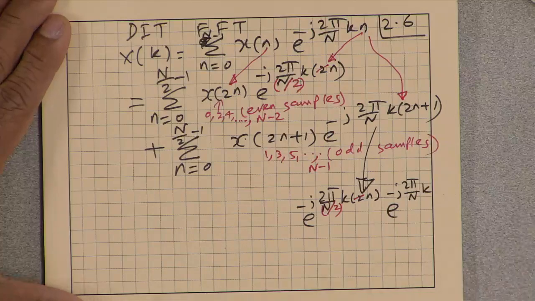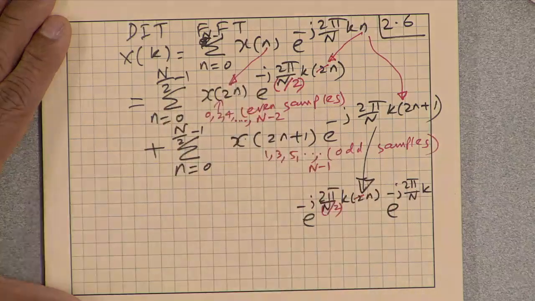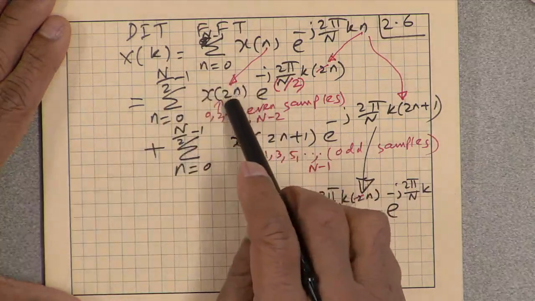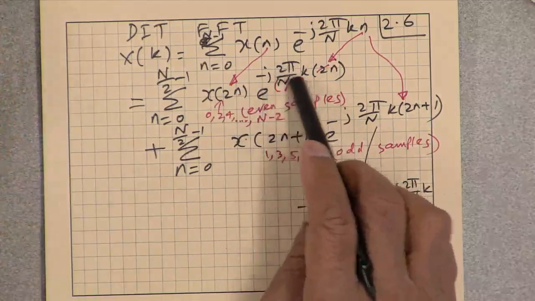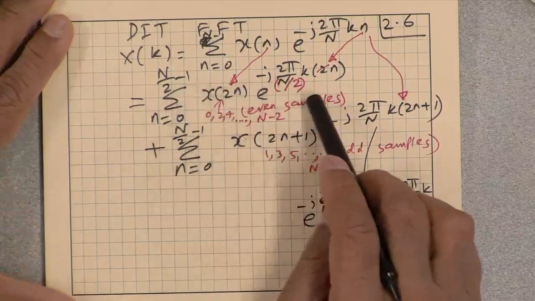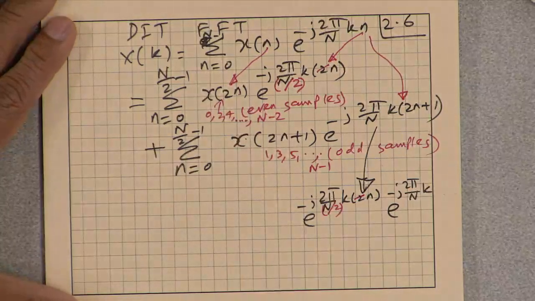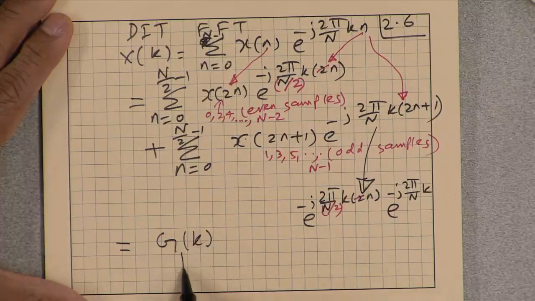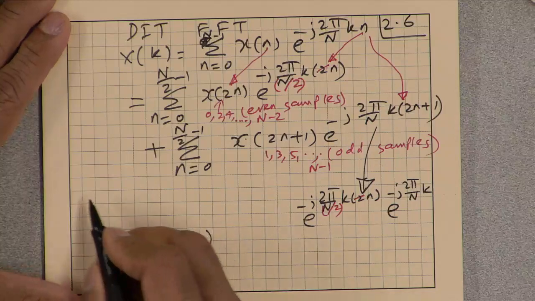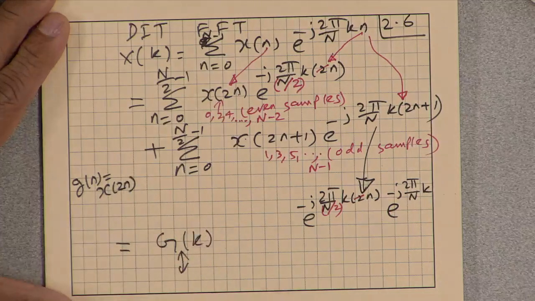Okay, so now what we have here is, what do you think this first term is? Sum over n by 2 samples times e to the power j twice pi by the number n, where n is now n by 2 because we have n by 2 samples, times kn. Yes, very good. So I can write that as gk, where I can start with, let's say, gn is equal to x2n, which is the even sample.